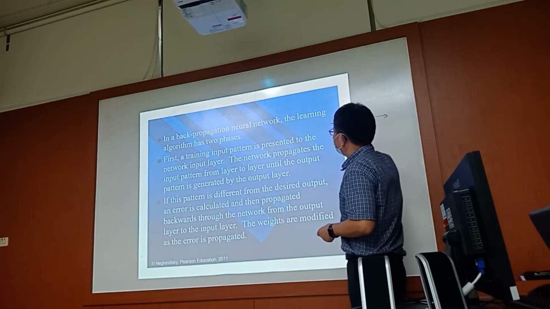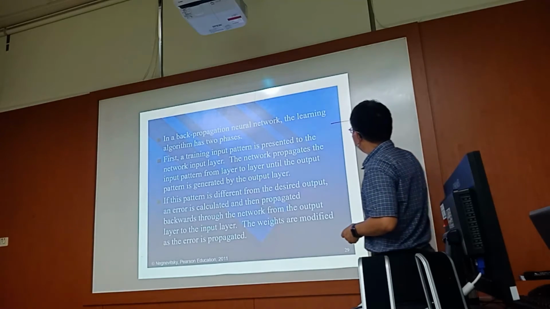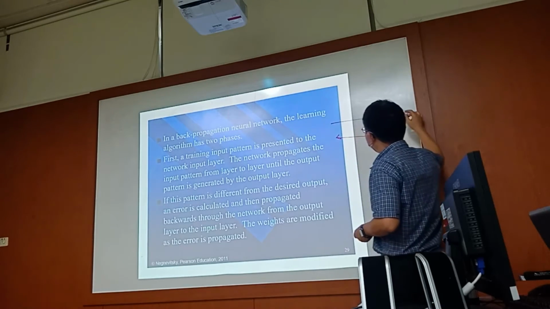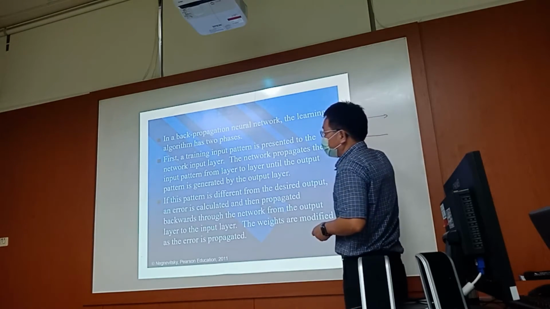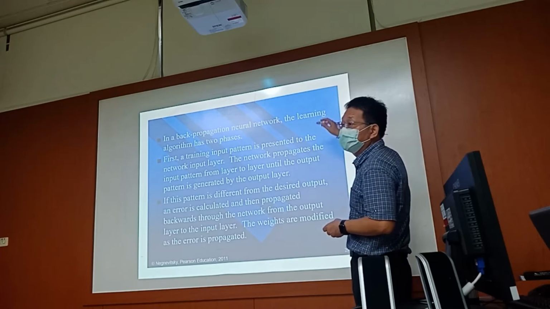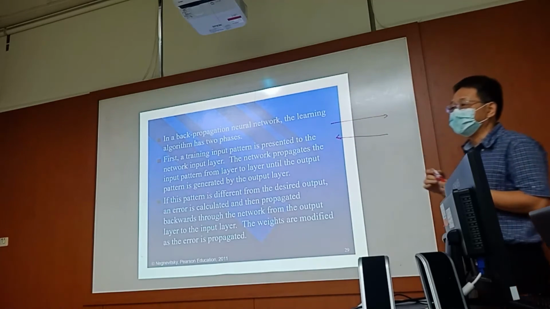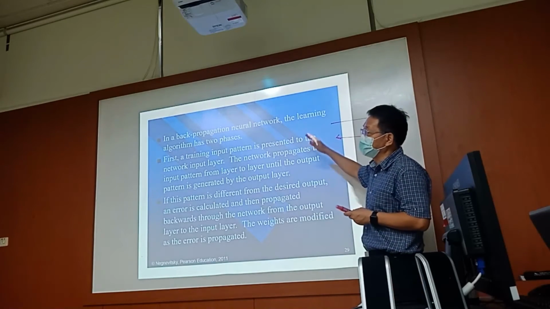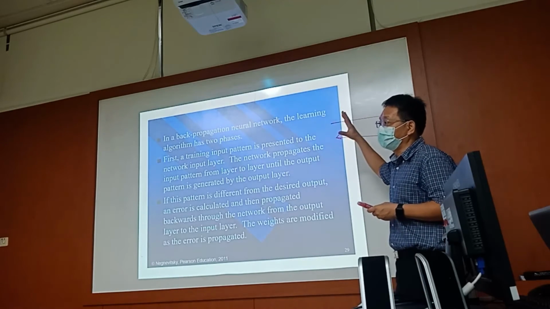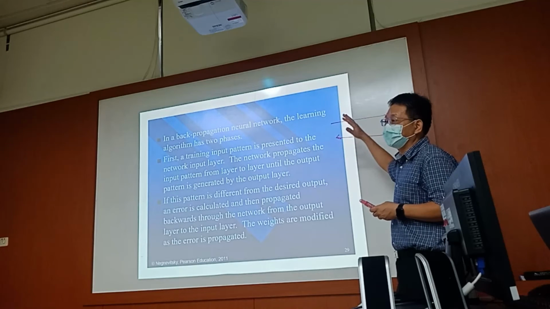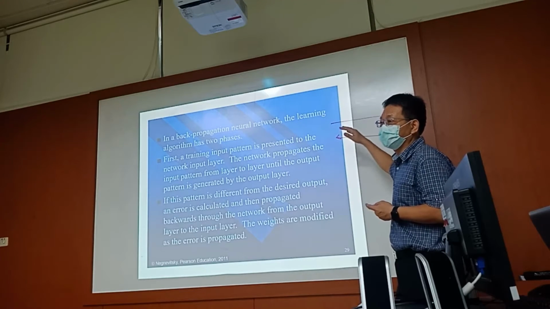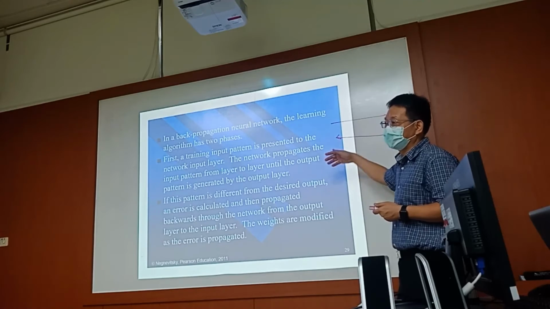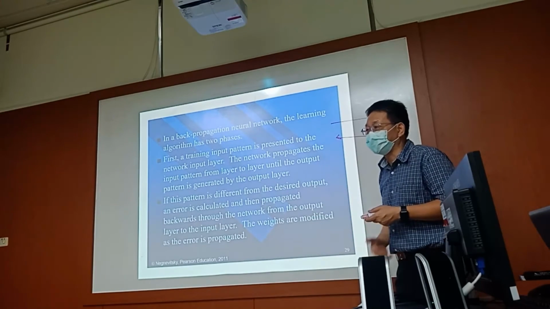We propagate forward and then back, and we keep doing this until the error is less than a threshold, or maybe you can define the number of epochs. Right? So, for example, you define 100, then you run 100 times.